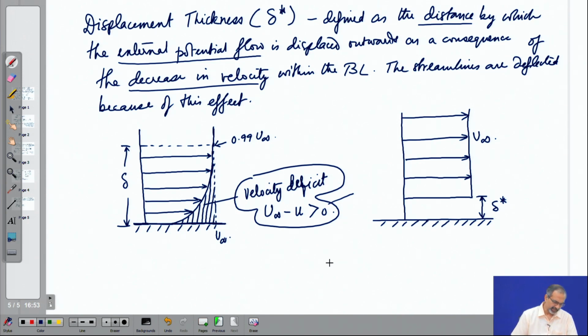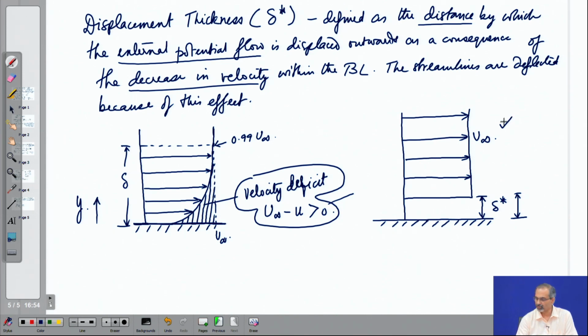Now, what is the implication of this gap? If we say that the distance the surface has to move in the wall normal direction, that means the y direction, to reduce the flow volume by an amount caused due to the velocity deficit in the boundary layer, then this is the distance by which the flow moves.